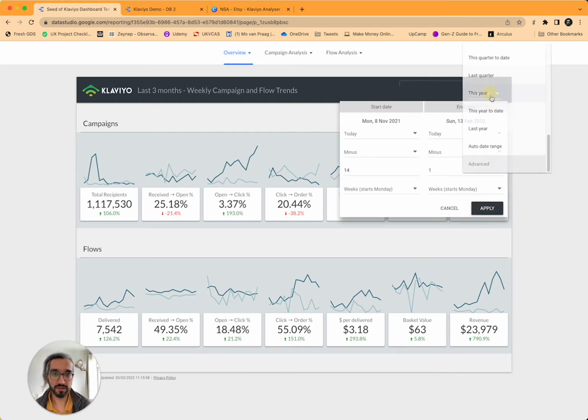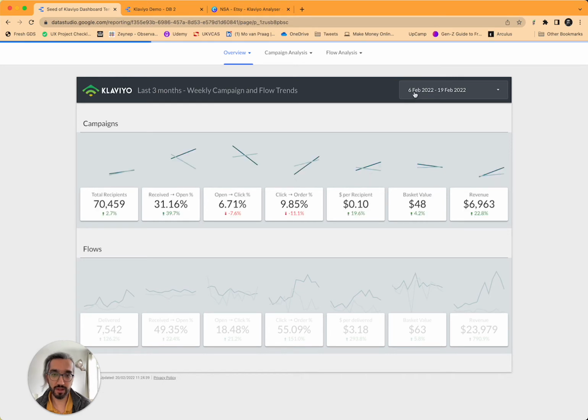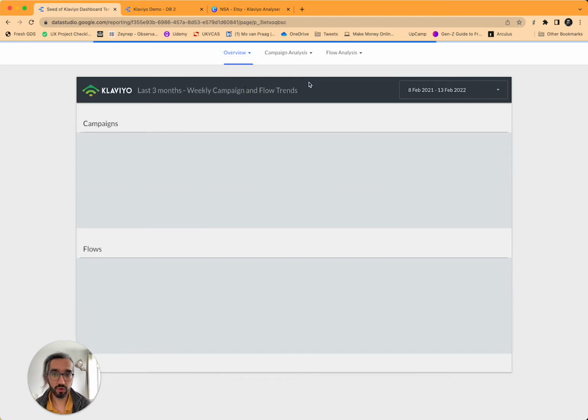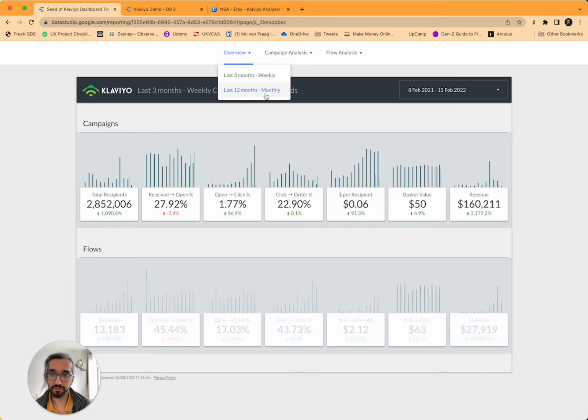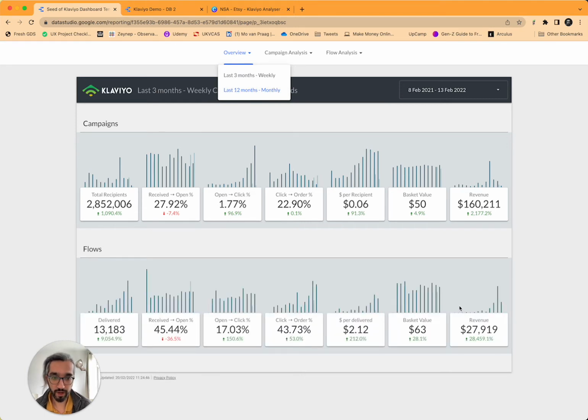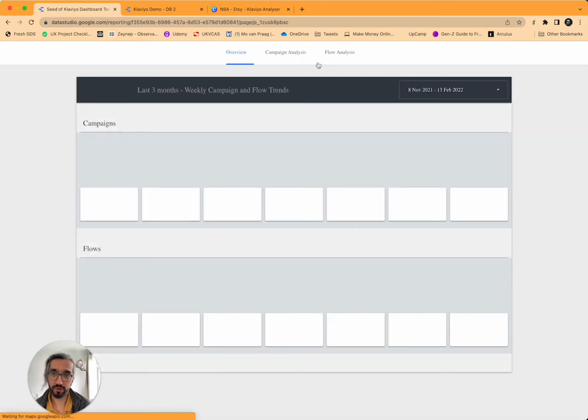For example, if you want to look at the last 14 days, it is up to you to change the date parameters here. So these are the two pages. You can see the last 12 months of performance. It will be easier to understand the overall performance with this dashboard.